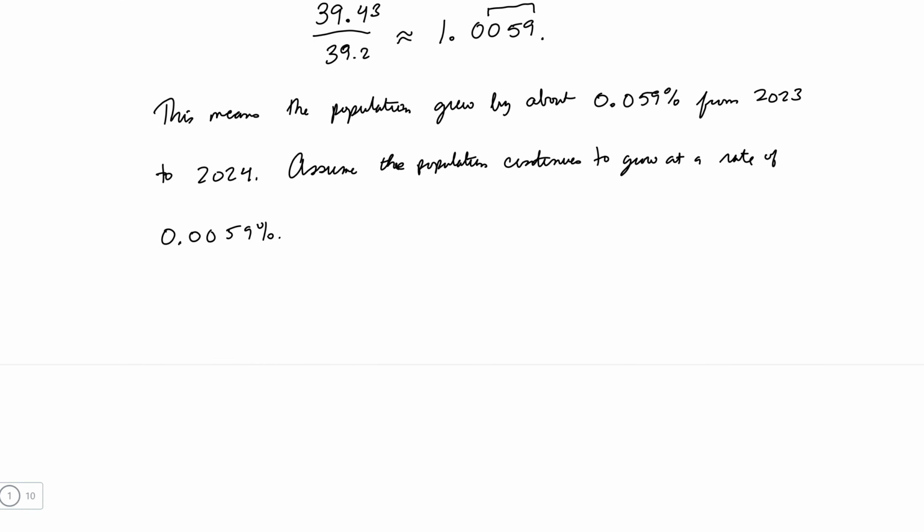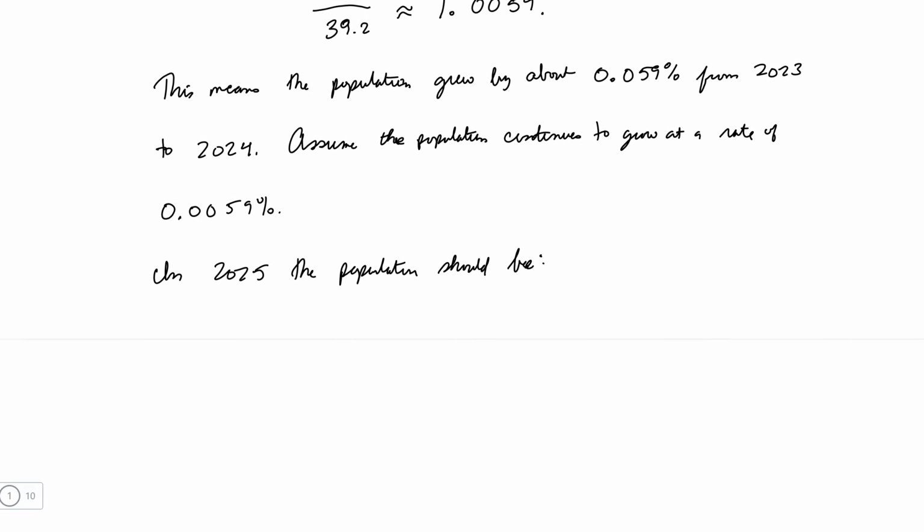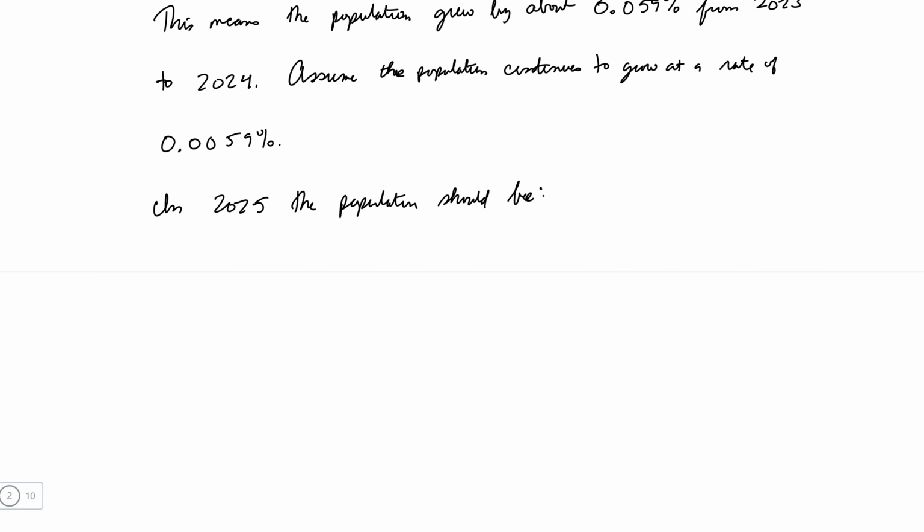So in 2025, it would go up by another 0.59%. So in 2025, the population should be the number we had in 2024, which was 39.43, and then it grows by this 0.59%.